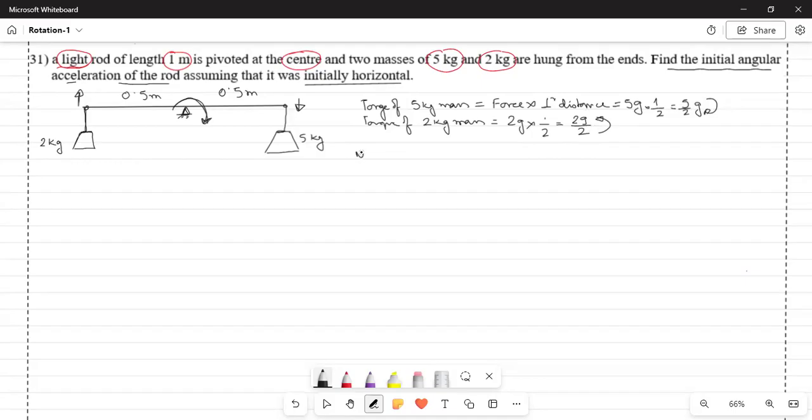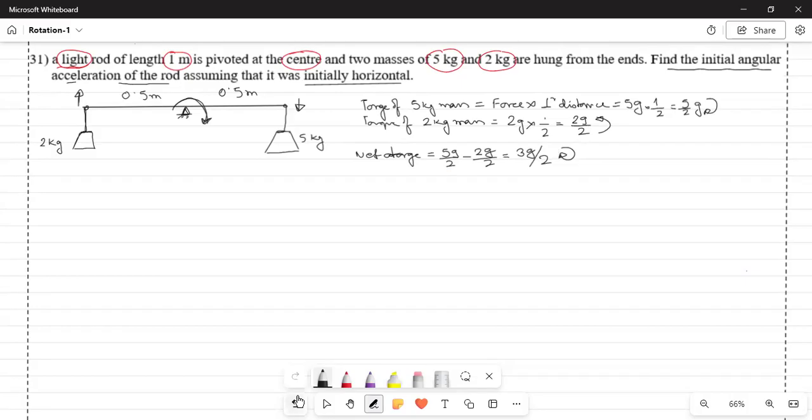So the net torque is equal to 5g by 2 minus 2g by 2, equal to 3g by 2. And the net torque is clockwise. This is how we mathematically designate it.